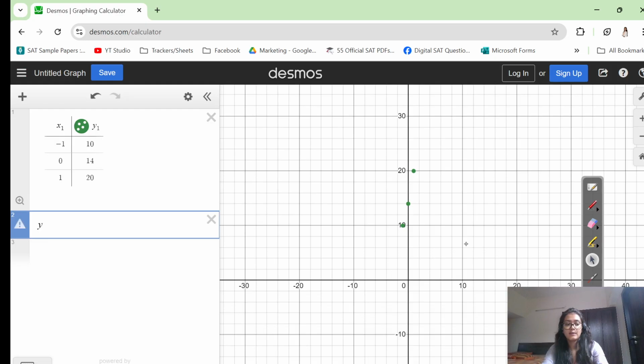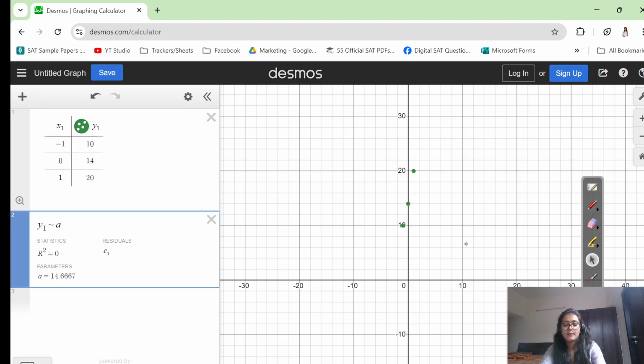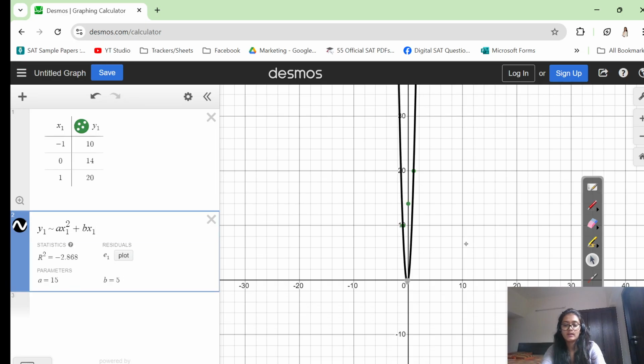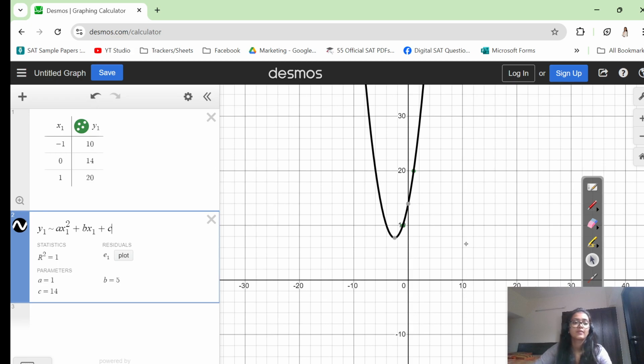And now let's type y1. How do you get this subscript? You don't have to do anything, just press y and press 1. It will automatically bring 1 in the subscript. Now the squiggly line, then ax1 square plus bx1 plus c, and you have the values of a, b, and c.